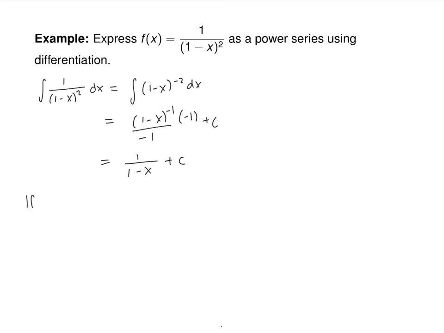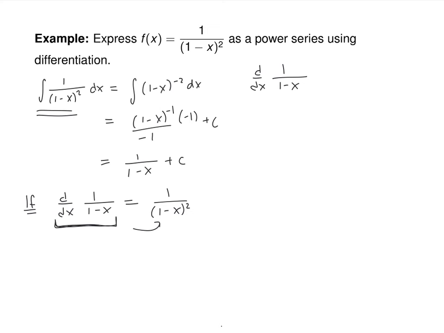So what this means is that the derivative of 1 over 1 minus x will equal 1 over 1 minus x squared. So if we take the derivative of this series, we're going to get that one. We're going to find the derivative of 1 over 1 minus x's series, and you have to integrate to figure out what you're going to find the derivative of.